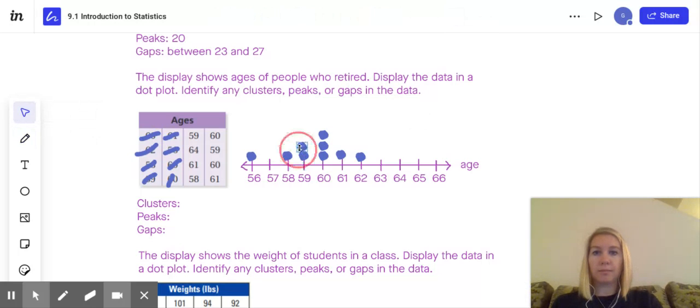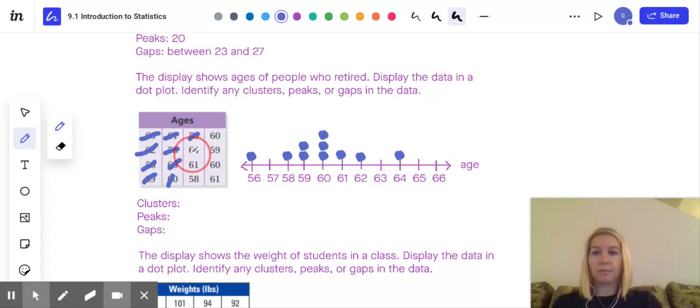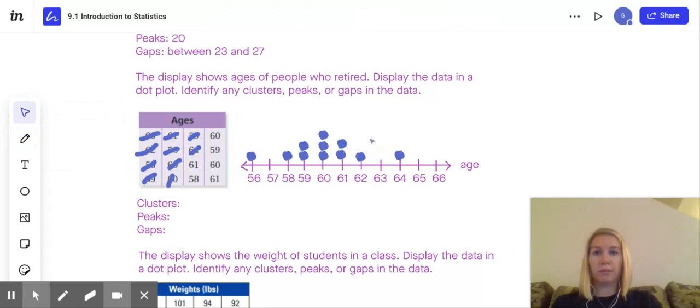59. 64. 61. 58. 60. 59. Still seeing that peak around 60 here.